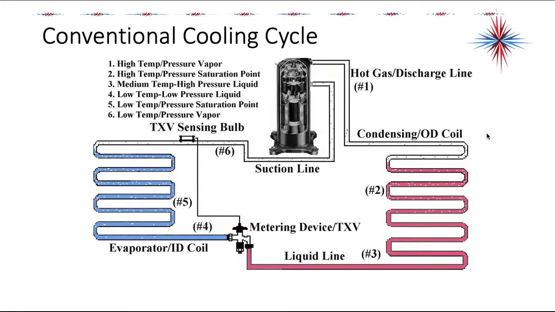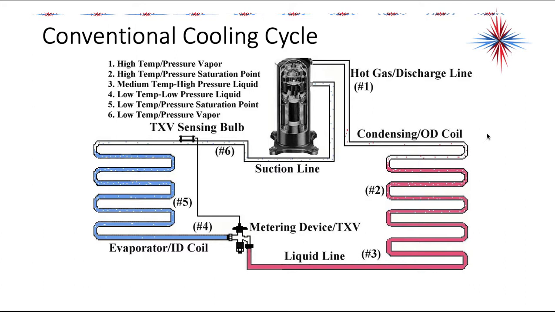So this is a conventional cooling cycle, okay? The discharge on the hot gas line comes out of the compressor as a high temperature, high pressure vapor. Then in the condenser, we reject heat to the outside. That's labeled number 2 on this slide.